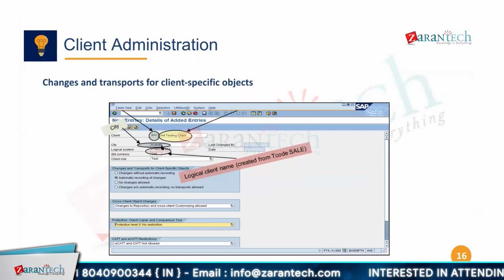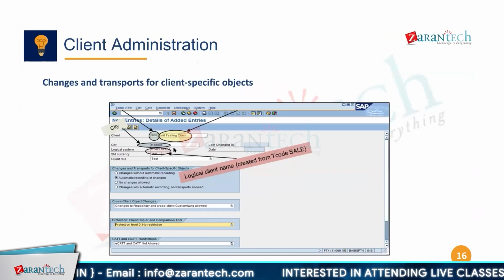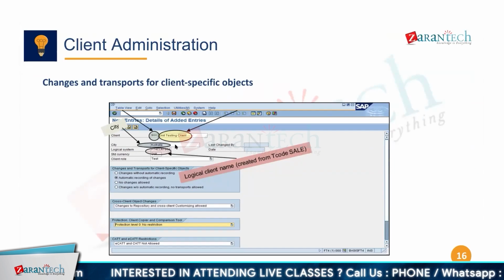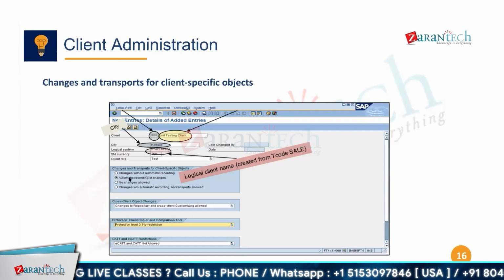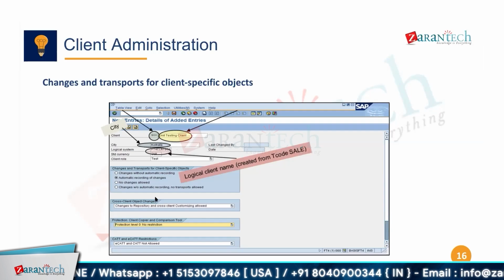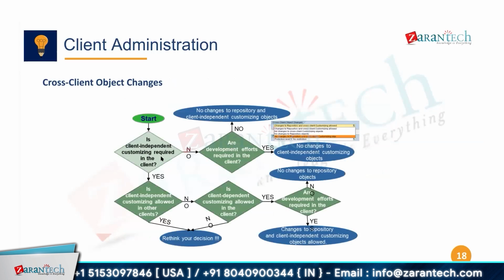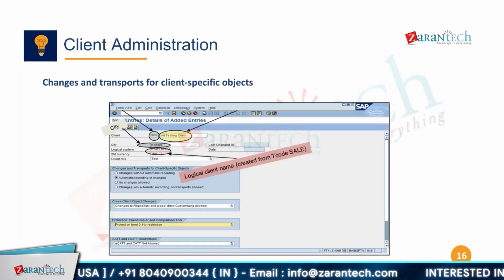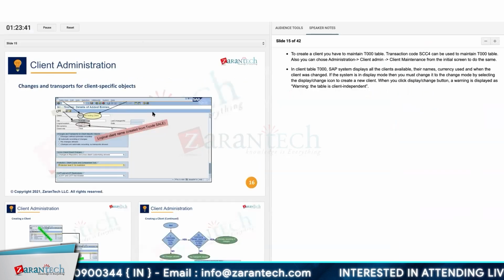City Bangalore, and the logical system is the most important, BD54. Until you have defined the logical system, it won't let you create the client. Now we'll see what these options are: changes and transports for client-specific objects, cross-client objects. Let's go to another slide.